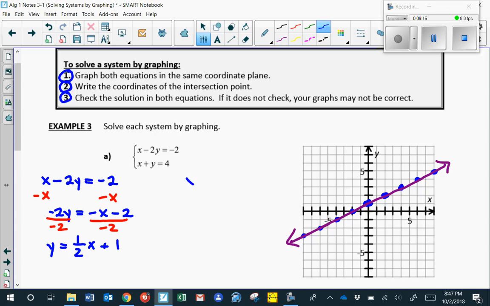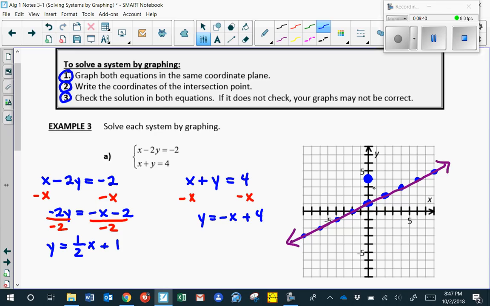Now we have our second equation, x + y = 4. If I subtract x from both sides, then we can solve the equation for y. y = -x + 4. If I want to graph this line, then we have a y-intercept of 4 and a slope of -1.